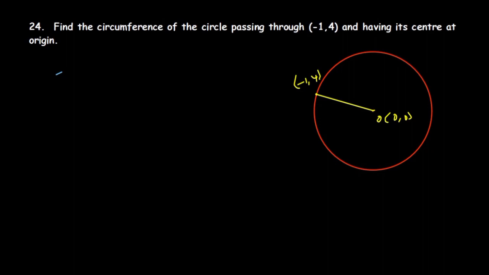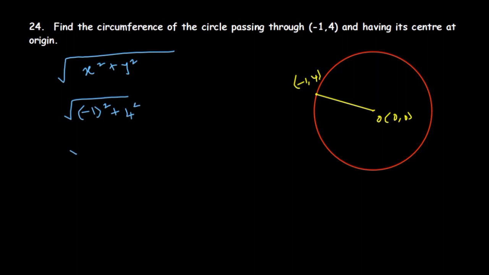To find the length of the radius, we should use the distance formula. And of course here the center is origin 0, 0, so directly you can use the formula root of x square plus y square. Then root of x square is -1 square plus y square is 4 square.